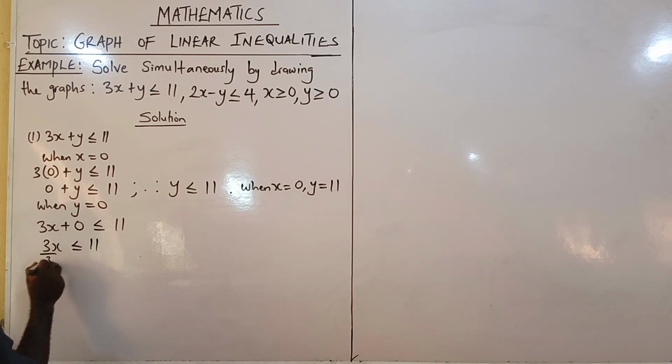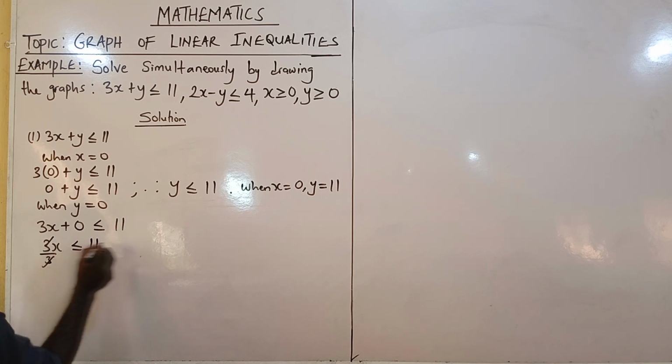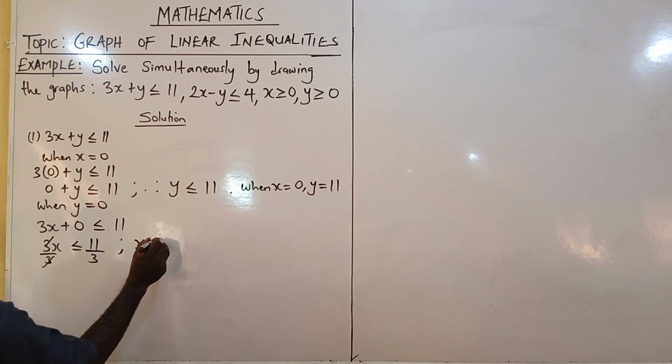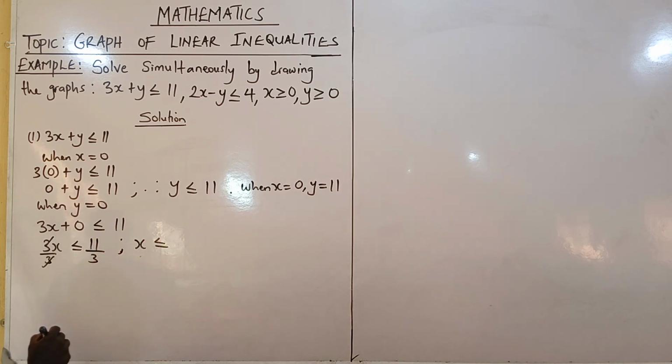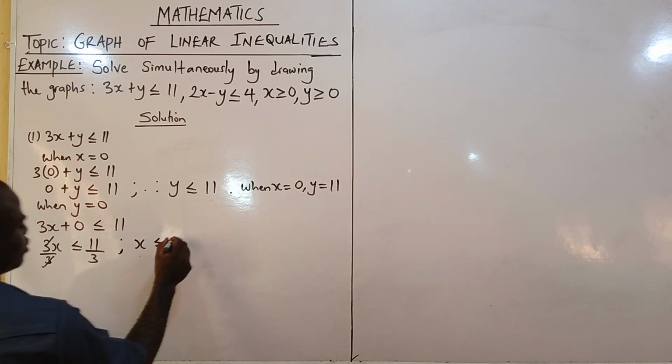Divide both sides by 3. 3 cancels 3. x is less than or equal to 11 divided by 3.